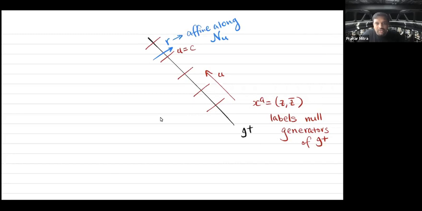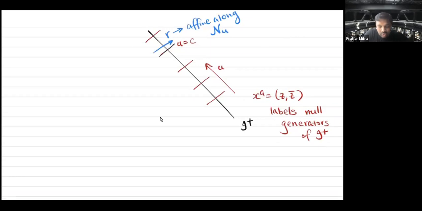Notice that this doesn't by itself completely fix the coordinate system because I haven't told you the origin of R. I haven't told you where R equal to 0 is set. So that's a coordinate freedom that we still have, which we can use later to fix. You can work out the metric in this coordinate system, and it looks very nice.